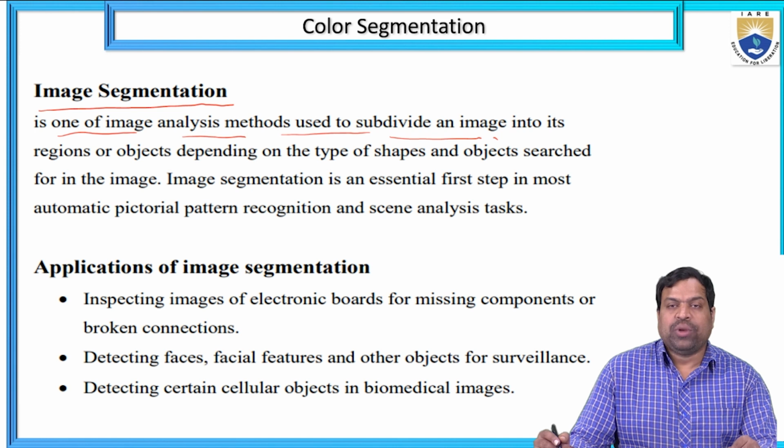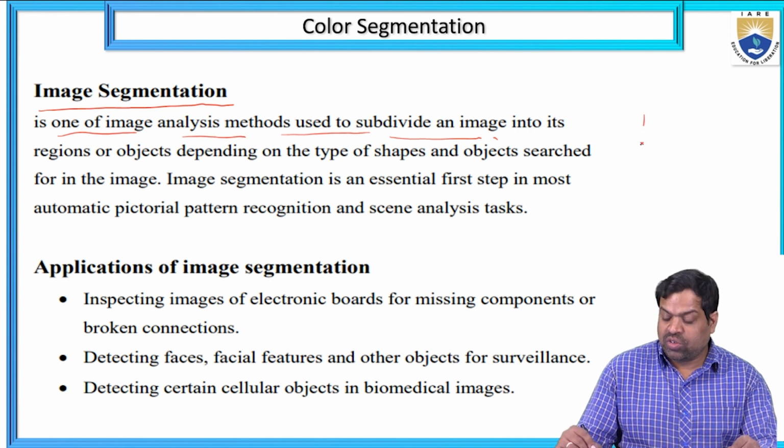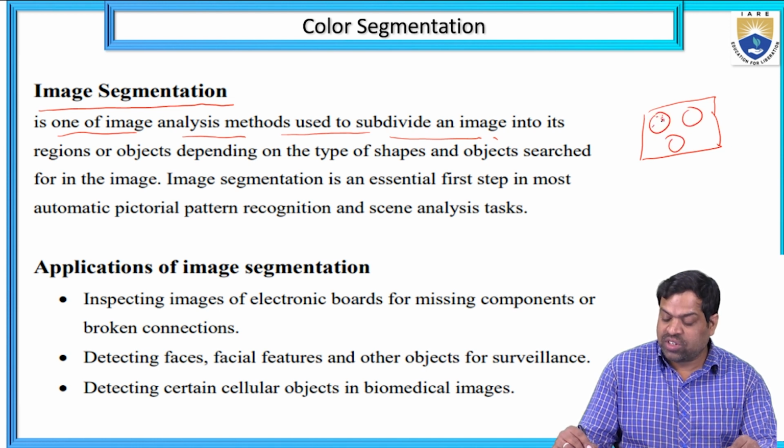So what are the applications of segmentation? When we are finding objects, suppose multiple colored objects are there. How many objects are there? Object 1, object 2 and object 3.